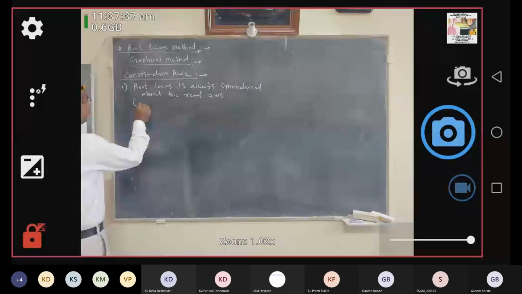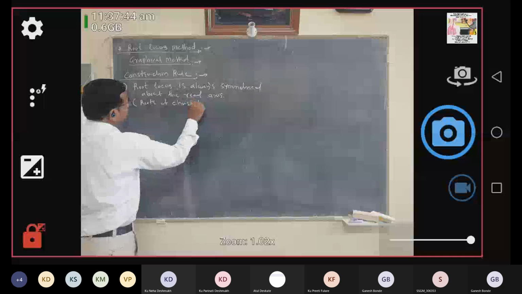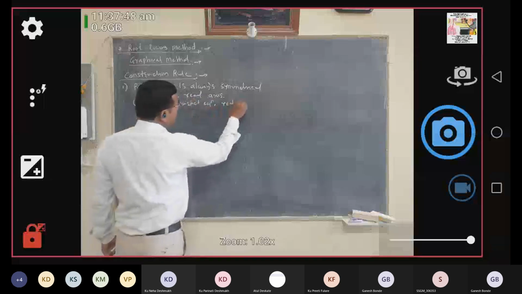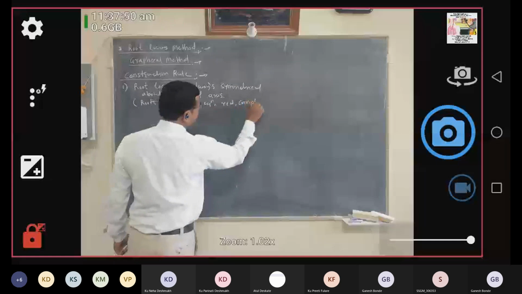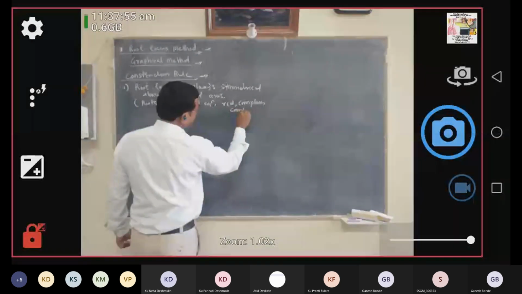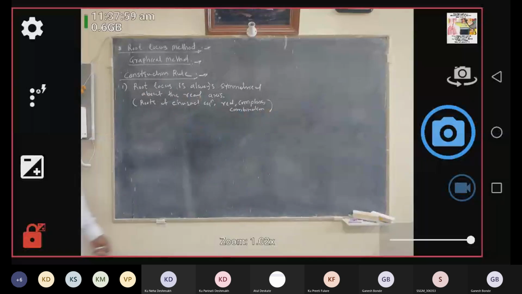We know that the roots of the characteristic equation could be real, could be complex, or could be a combination of these. Therefore, your root locus is always symmetrical about the real axis.